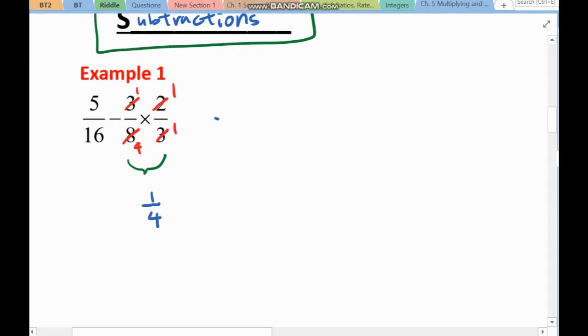Okay? And let's rewrite it. 5 over 16 minus 1 over 4. Okay, so when you subtract, how would you subtract fractions? So we learned it in chapter 4. The first step, we have to make the common denominator. So what's the common denominator here?